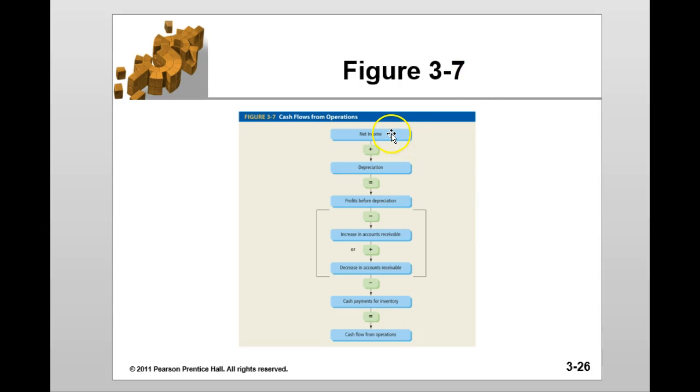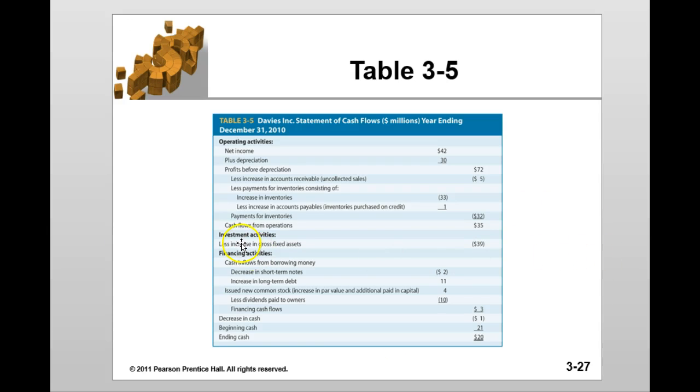And this is just a schematic. We take net income, we add depreciation, and that equals profit before depreciation. And then we subtract increases in accounts receivable, or we add decreases in accounts receivable. We subtract cash payments for inventory if it's increased, and that equals cash flow from operations. Now remember, you have to add to that investment activities, which are changes in fixed assets, up or down, and financing activities, which are going to involve borrowing money, paying off short-term notes, increasing long-term debt.